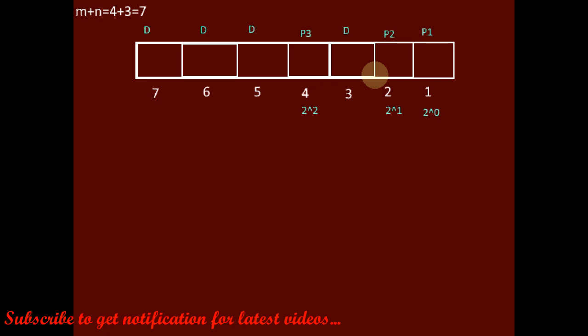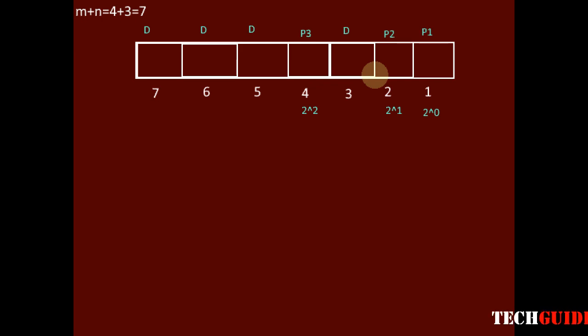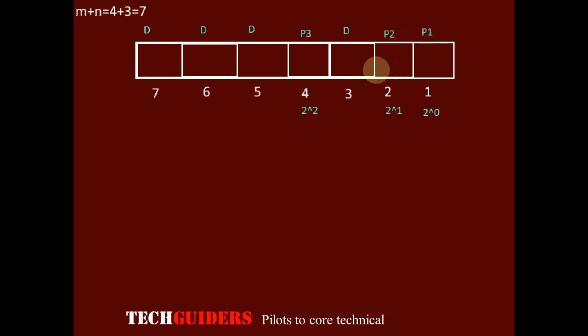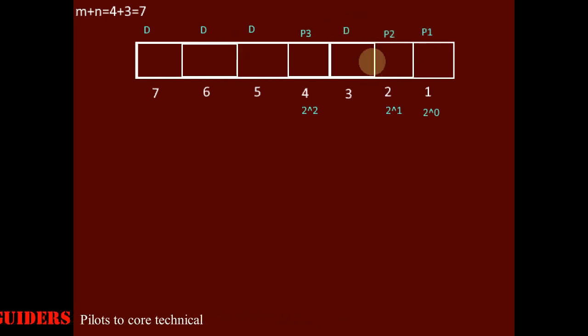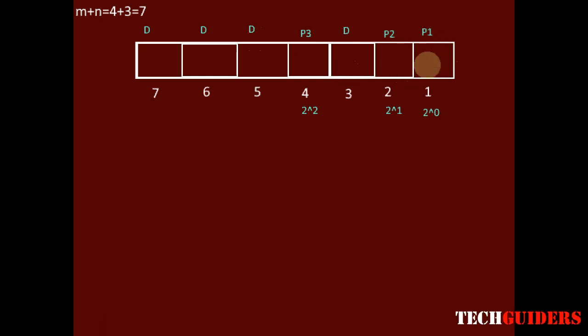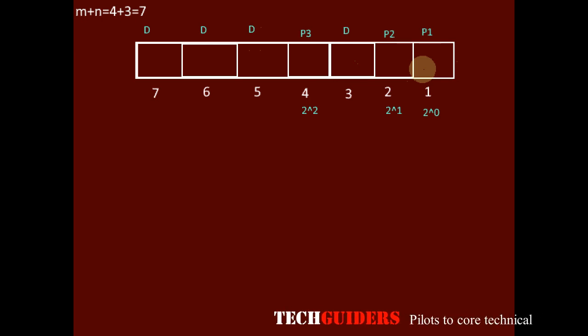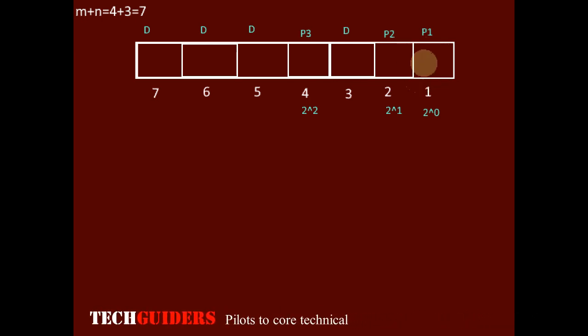So why are they kept at positions that are powers of 2? We have seen that every parity bit will be taking care of a particular collection of data bits in that code word, and which data bits are to be taken care of by a particular parity bit is determined by the position of that parity bit.